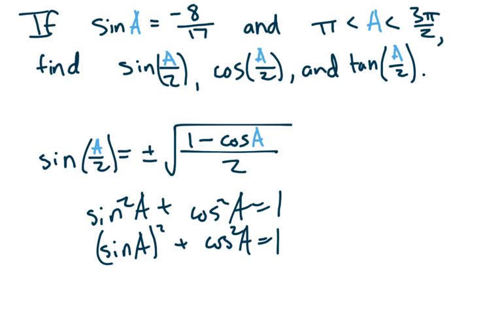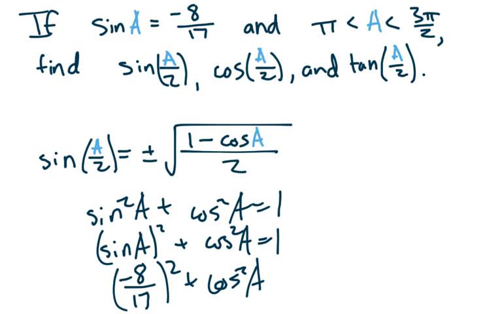If it makes it easier for you, you can think sine squared of A is sine of A in parentheses squared, and that the stuff in the parentheses is this guy. So that's how we get negative 8 over 17 parentheses squared plus cosine squared of A equals 1.